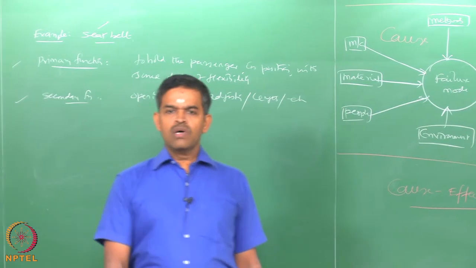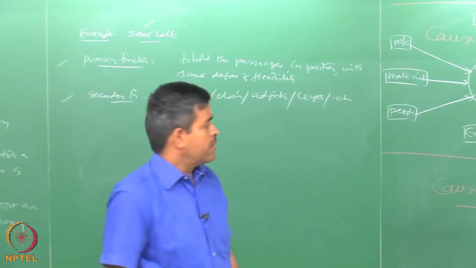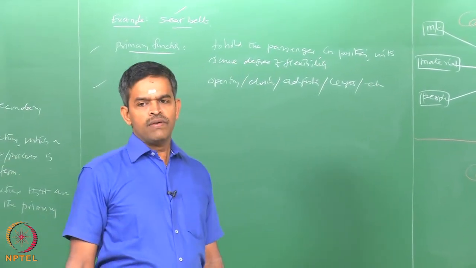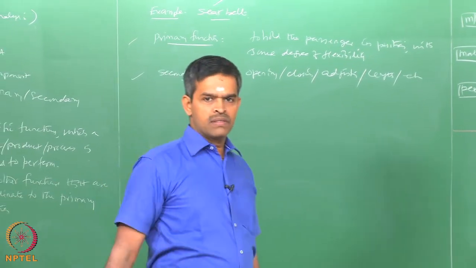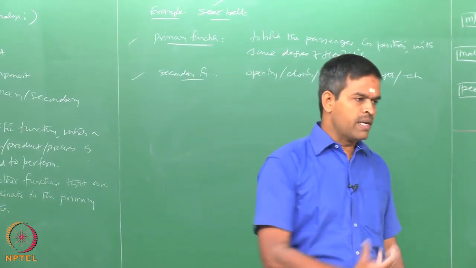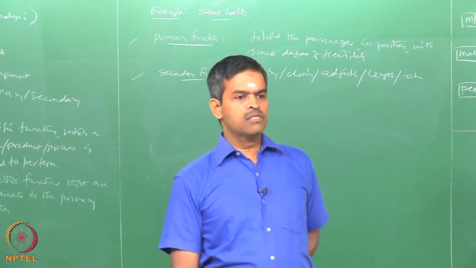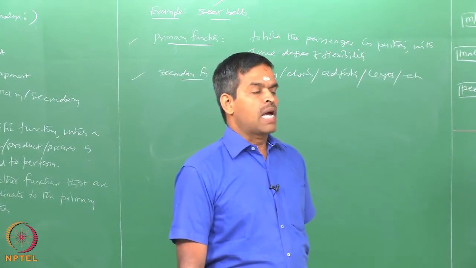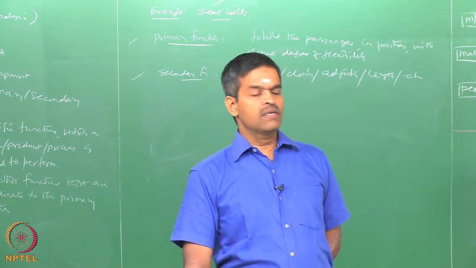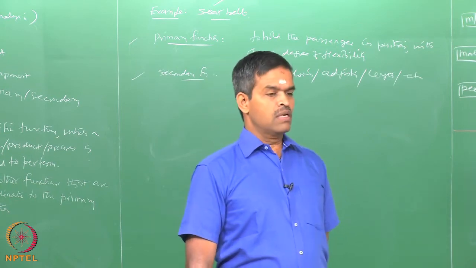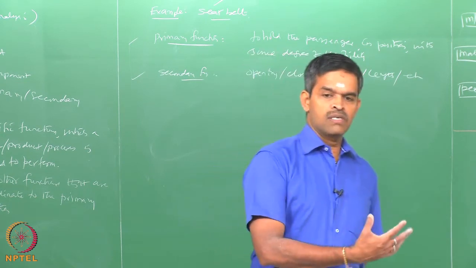So, let us do a cause effect diagram for another example, which is related to an airbag in a passenger car. We all know the airbag is one of the important vital components. In case of an accident or emergency brake being applied on a car, the airbag gets inflated and it prevents the head injury of the passenger sitting in the front.